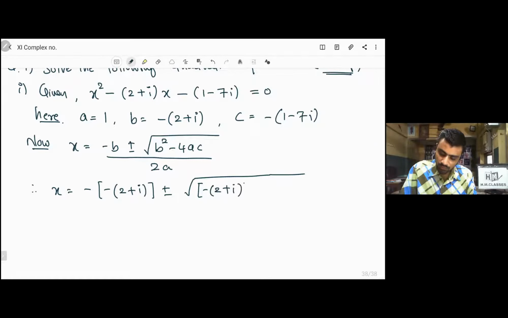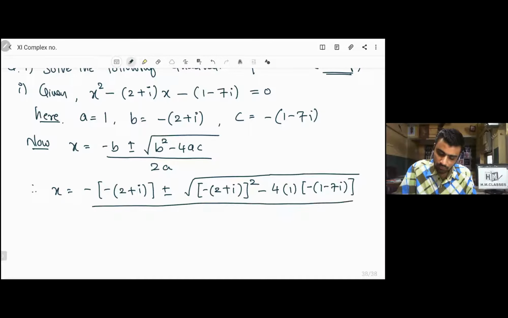This I have shown completely in the bracket to make it a whole square. b square minus 4 into a, a is 1, and into c, that is minus 1 minus 7i, all upon 2 into a, that is 2 into 1.